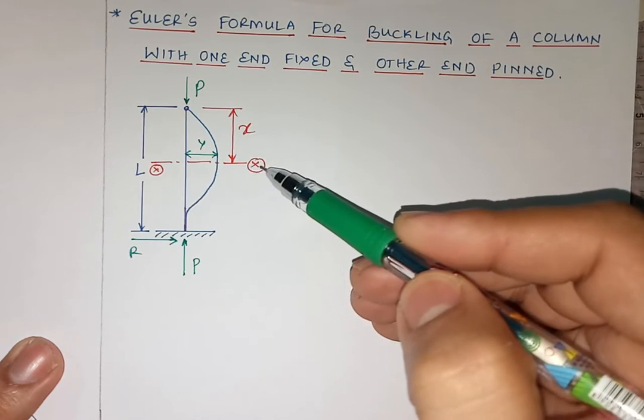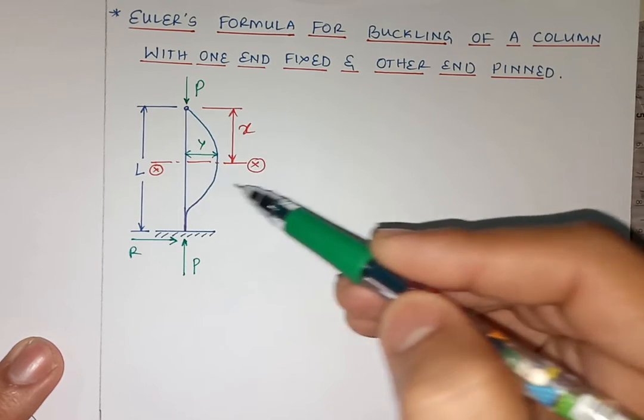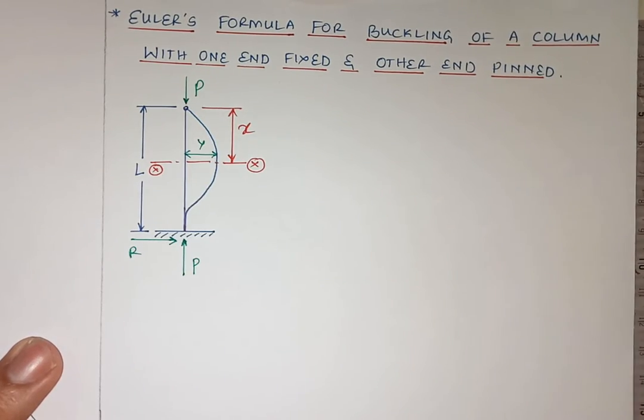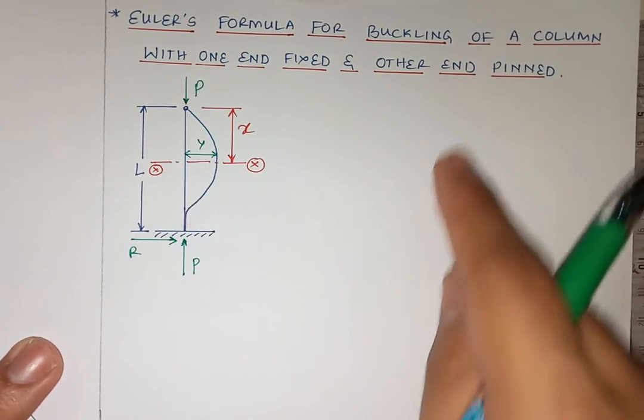P with respect to section XX is causing an anti-clockwise moment whose magnitude is equal to P into Y.